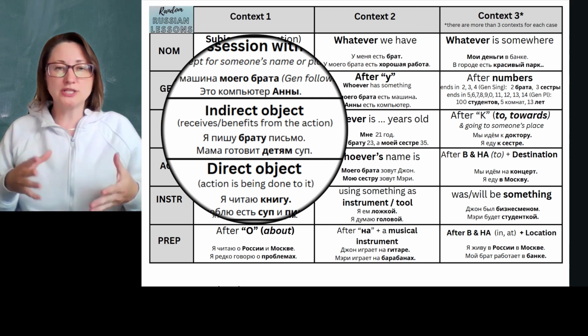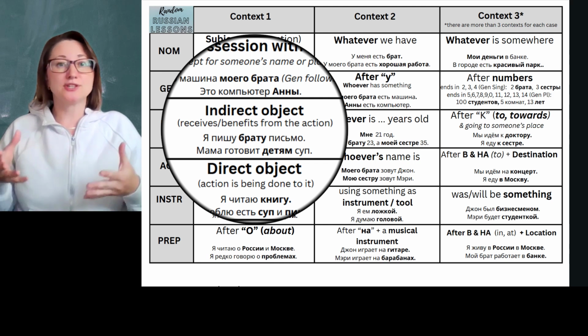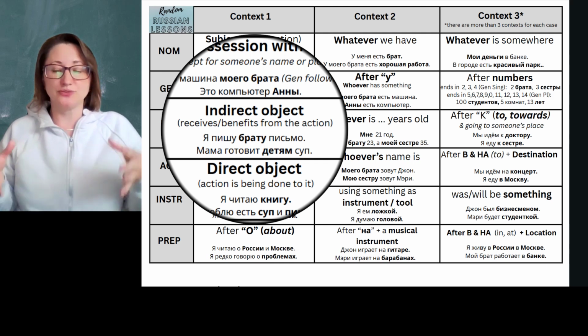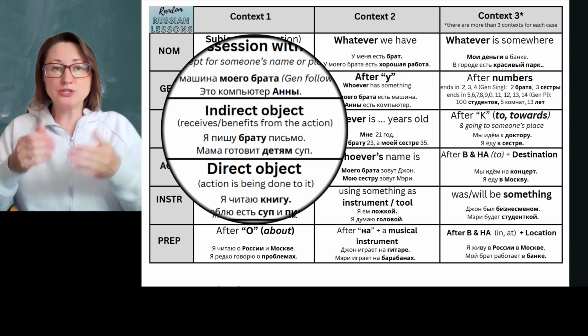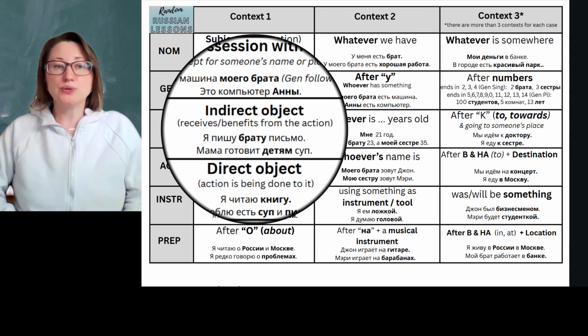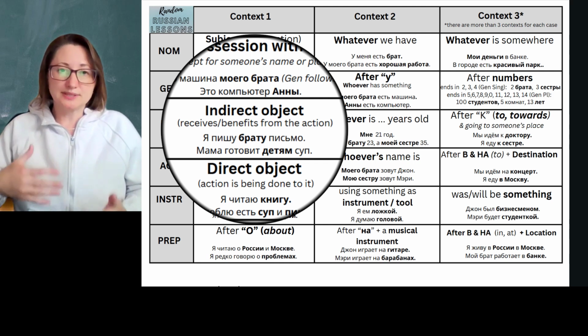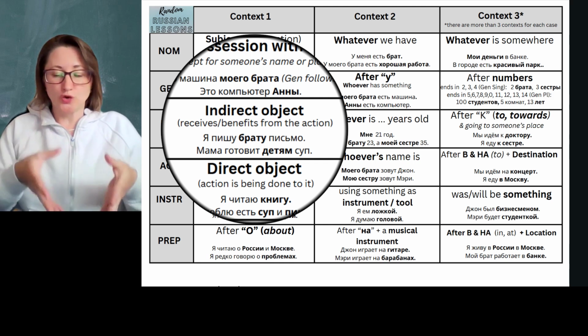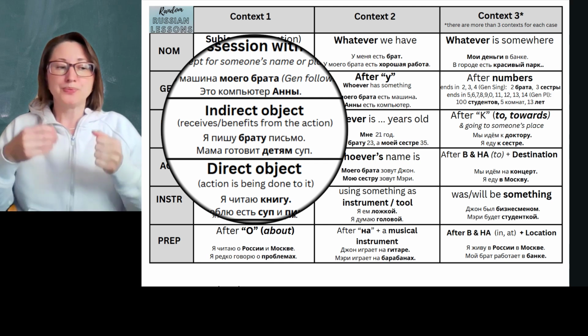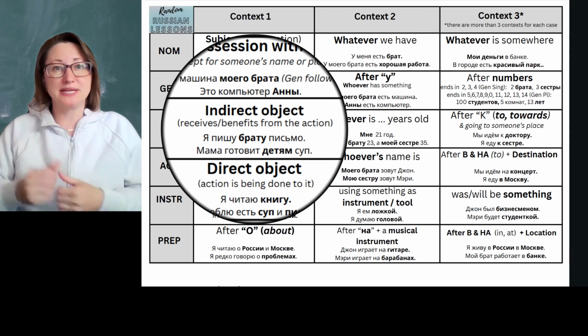And in the Russian language, we native speakers tend to conserve our energy. We usually go for the shorter way of expressing things, which will be the dative. So yes, I can say «Мама готовит суп для детей», but it's more natural for me to say «Мама готовит детям суп», where I use kids as the recipients of the mom cooking soup. And that makes it dative.